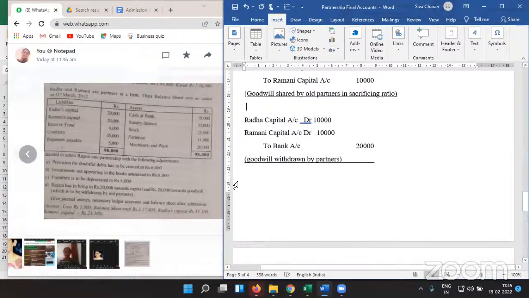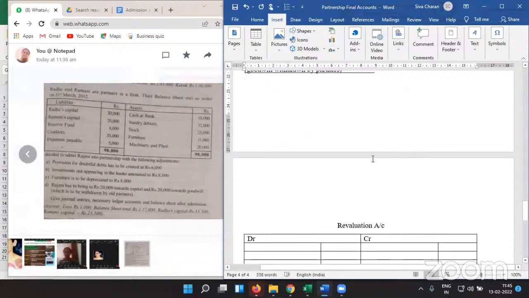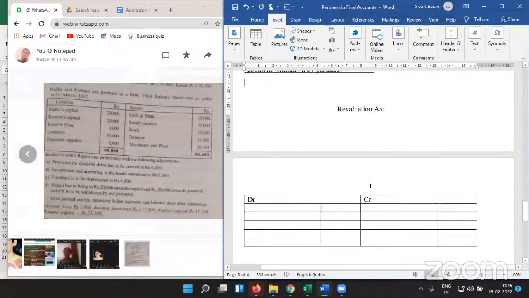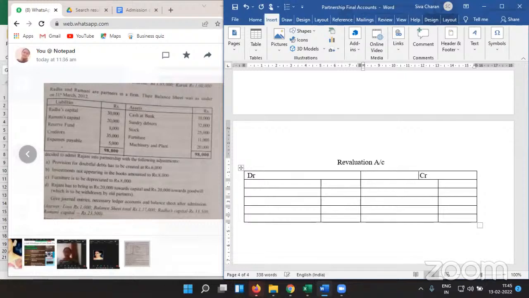We also passed that. The next step is the revaluation account. In the revaluation account, adjustments relating to the assets and liabilities are to be shown.